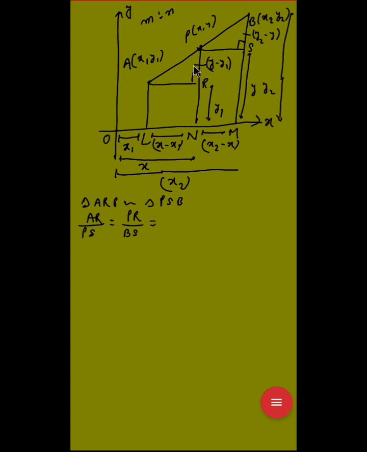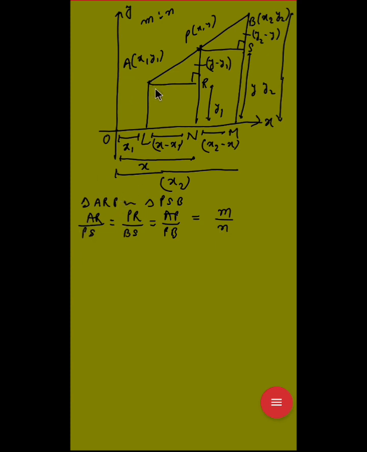Similarly, we have AP divided by PB. Corresponding sides are equal, and they are dividing the line segment in the ratio m/n. So now I am putting in the value of each.